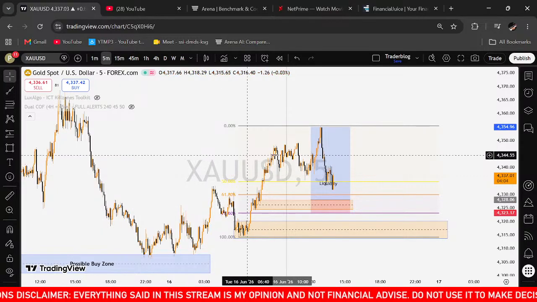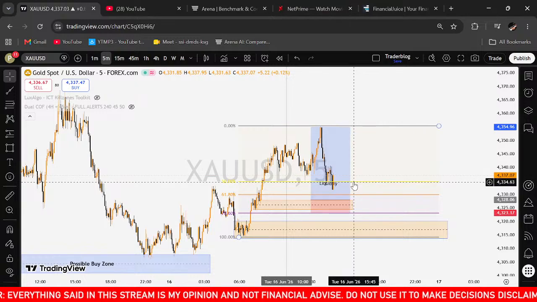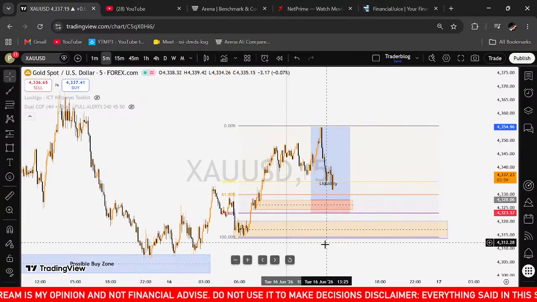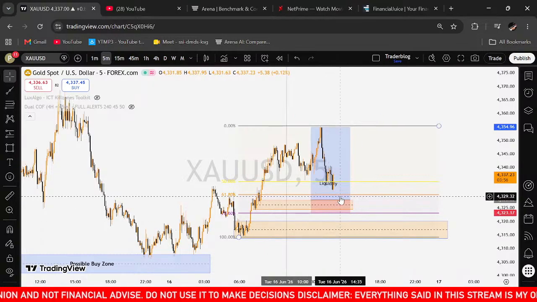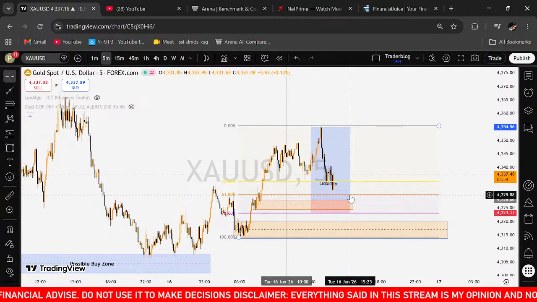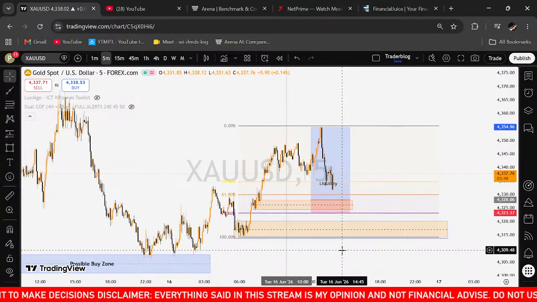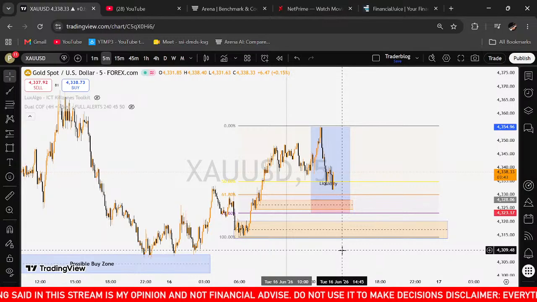But if you are picking anywhere under the 50%, if you pick on the 50, your SL is at the 100%, and if you pick on the 61, it reduces your SL. And so that's why I have my entry around the 61.8 rather than the 78.